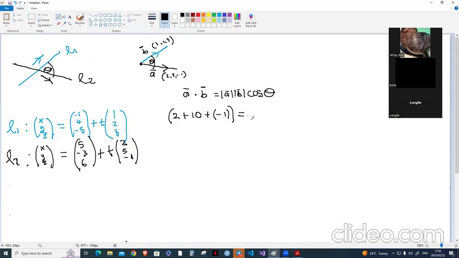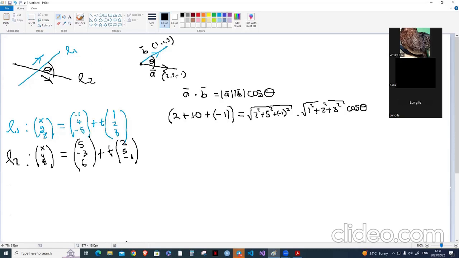So the magnitude of A is the square root of 2 squared plus 5 squared plus minus 1 squared, and B is the square root of 1 squared plus 2 squared plus 3 squared, multiplied by cosine theta.